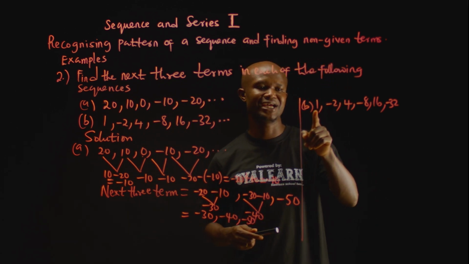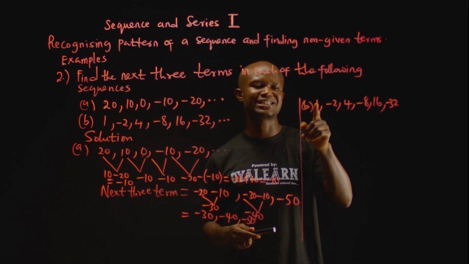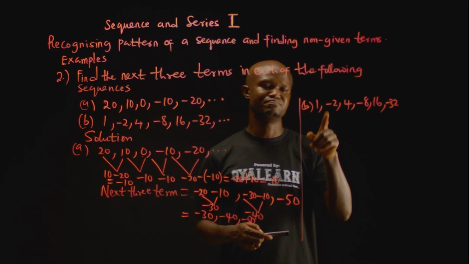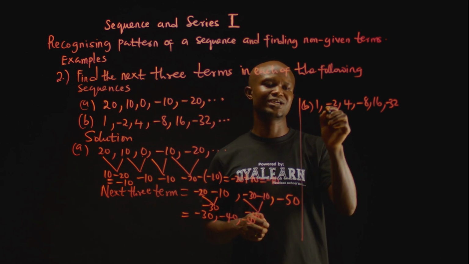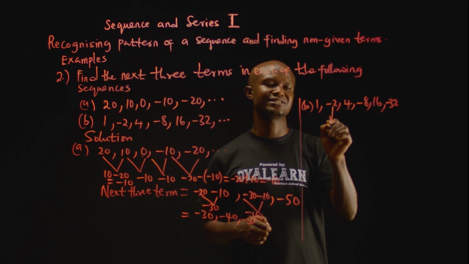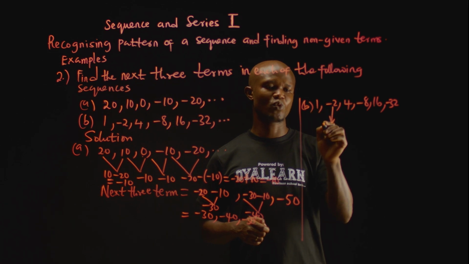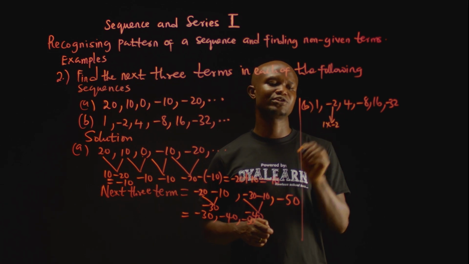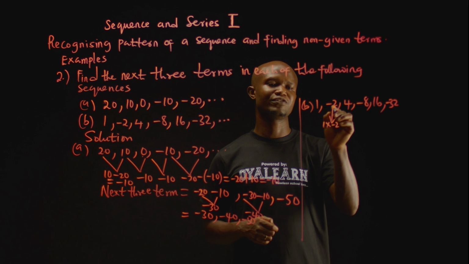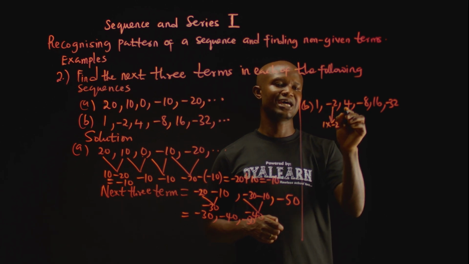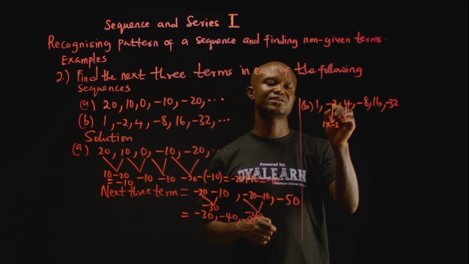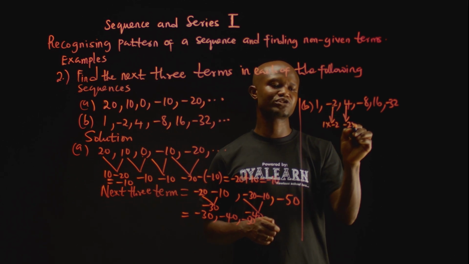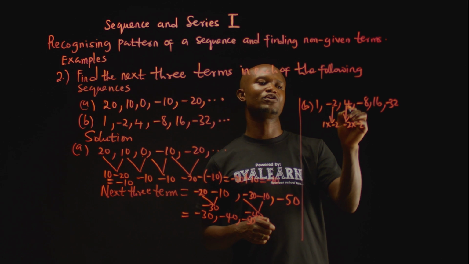Now we have 1 here. If I multiply this 1 by minus 2, I will get minus 2 here. Now we can see here that minus 2 times minus 2 will also give you 4.